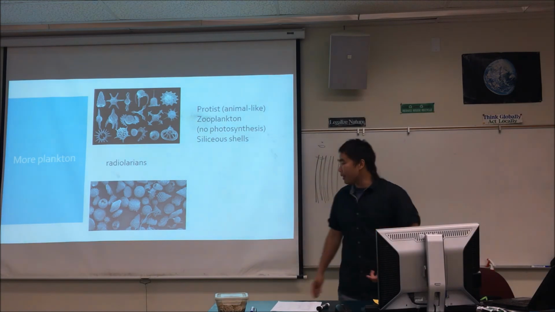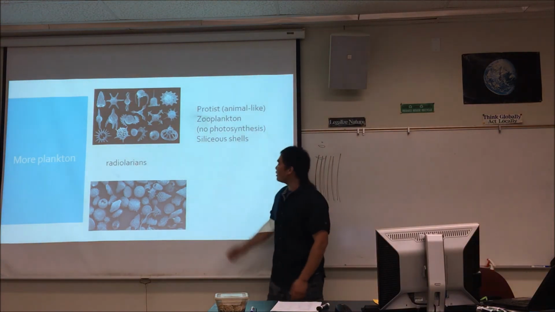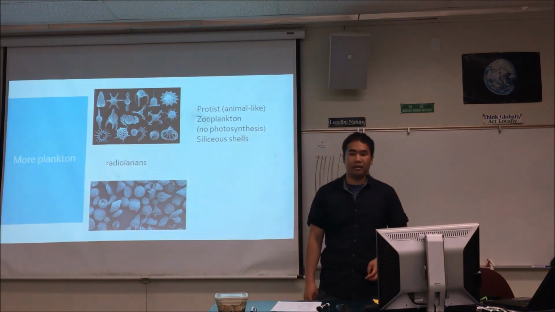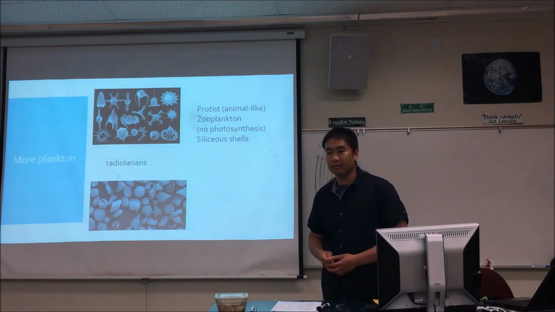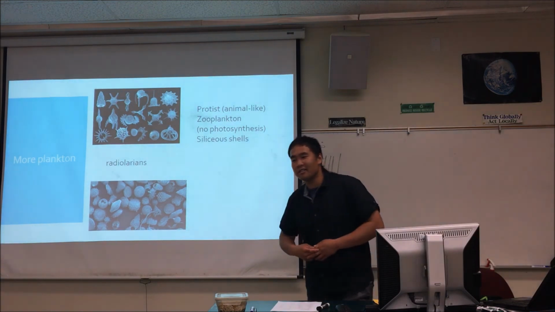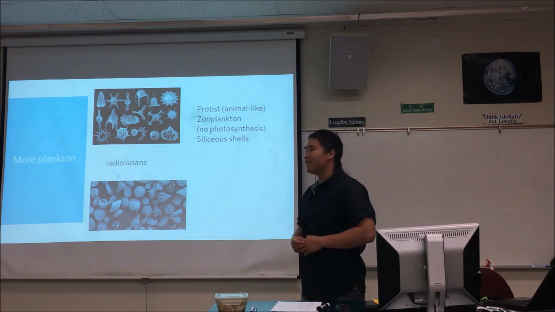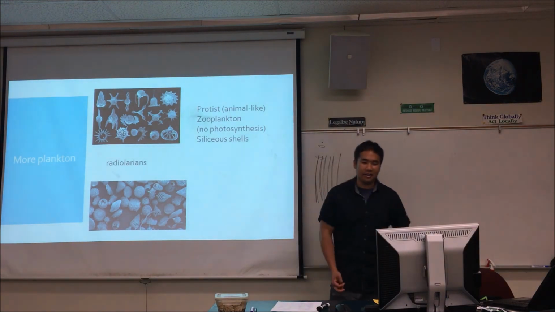Okay, so radiolarians are a siliceous protist, and notice how I called it a zooplankton. Why did I do that? It's not an animal, it's a protist. Isn't it animal-like? Okay, I did say it's animal-like, but why is it animal-like? What's its feeding style? That's the thing.